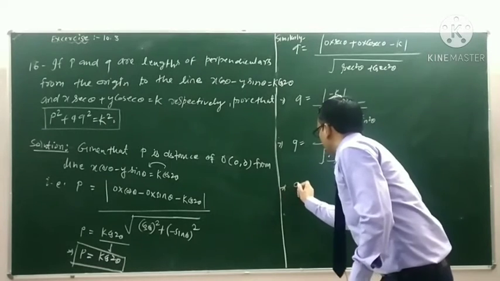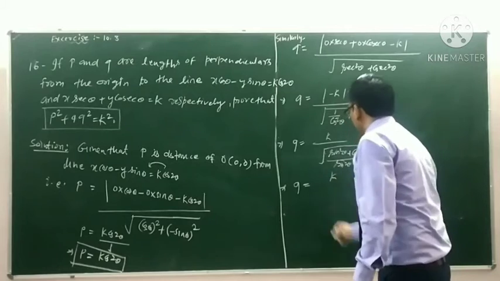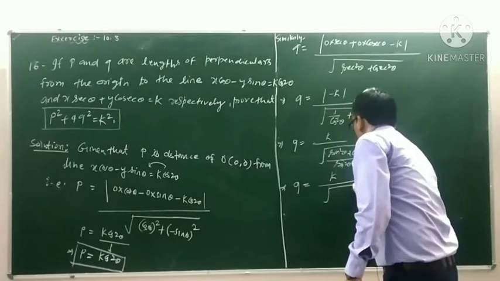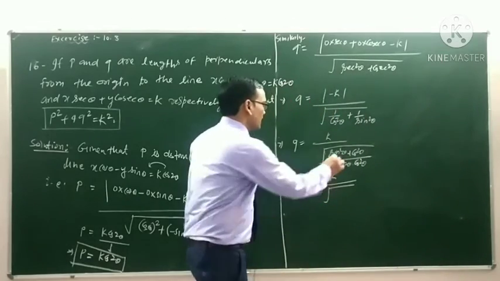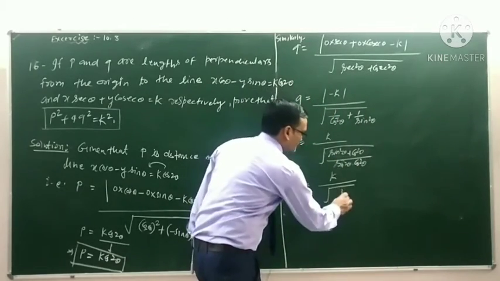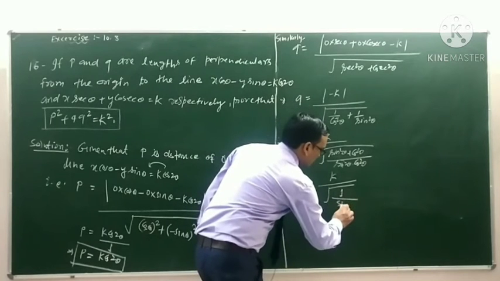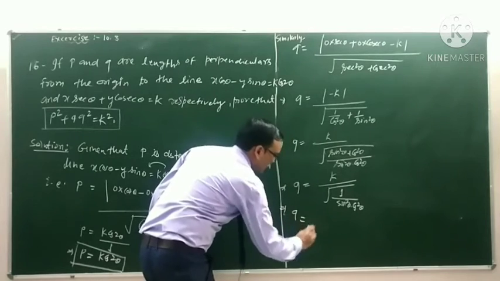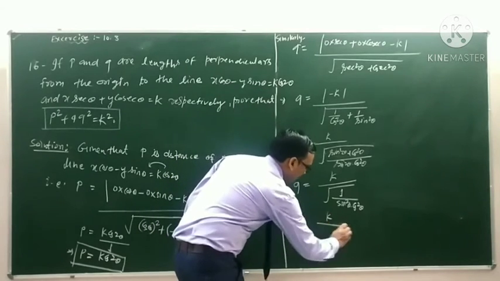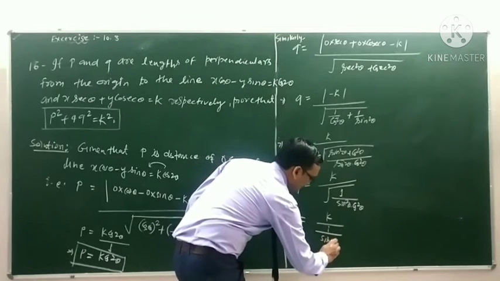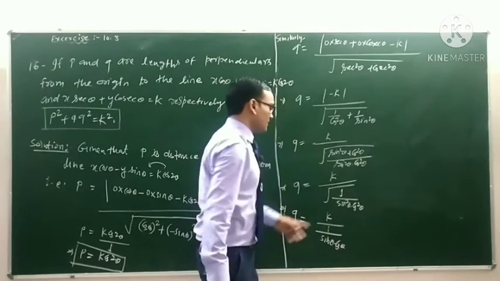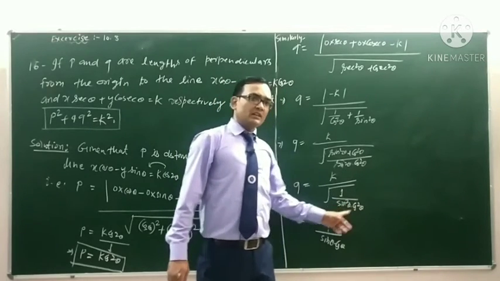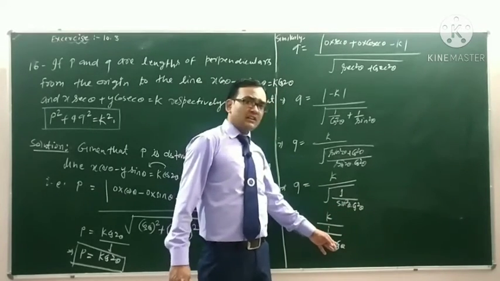This implies that q equal to k square root, here sin square theta plus cos square theta is 1, upon sin square theta into cos square theta. This implies that q equal to k 1 upon sin theta into cos theta. Here the square root of sin square theta cos square theta is sin theta cos theta.